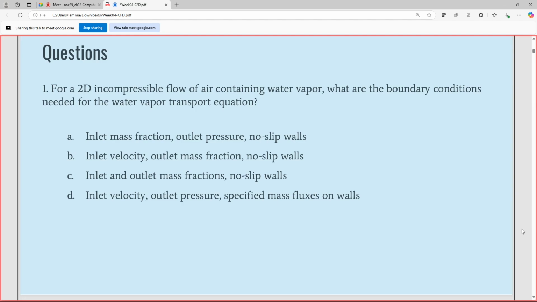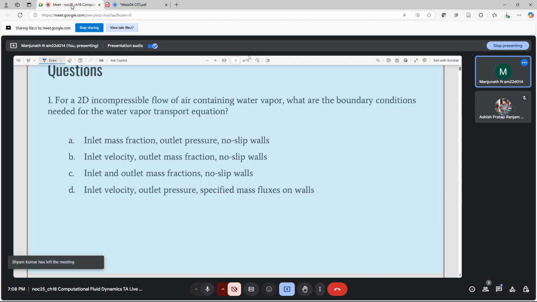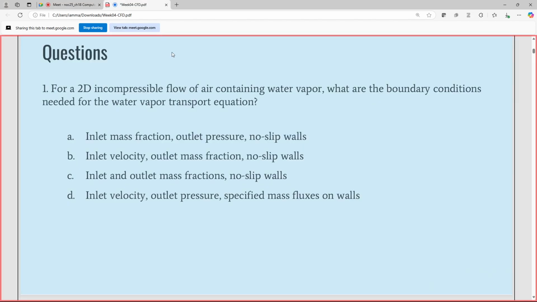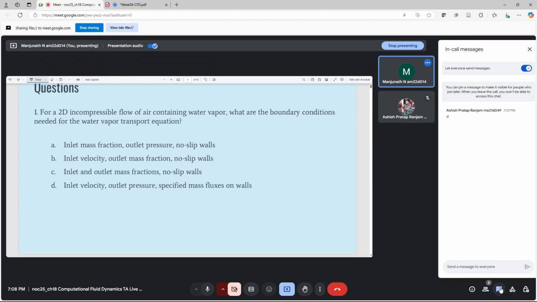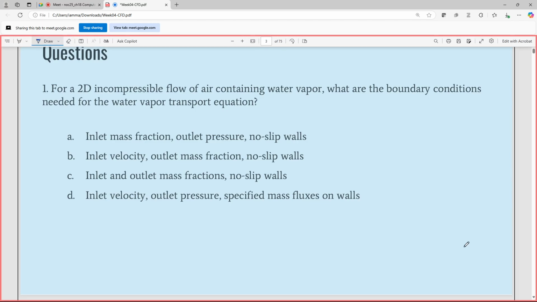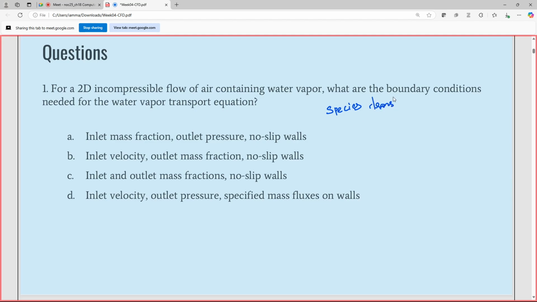So this is a question on species transport. Here, water vapor, so air and water vapor mixture is there, so there are two species. This type of problem is called a species transfer problem.